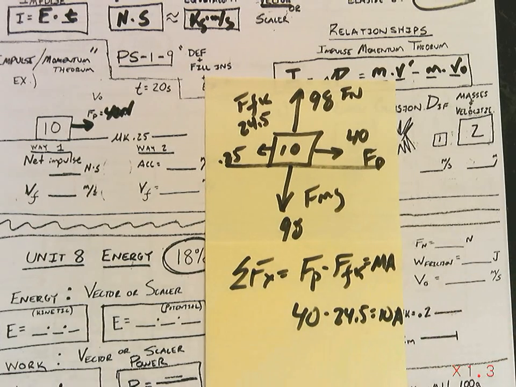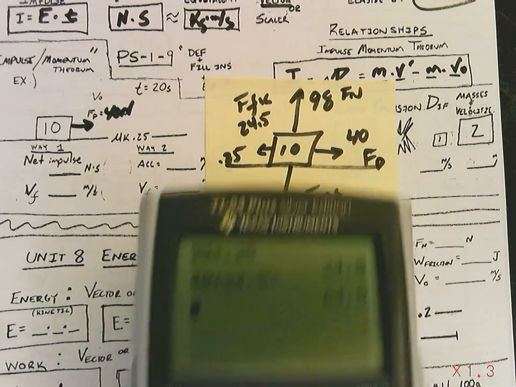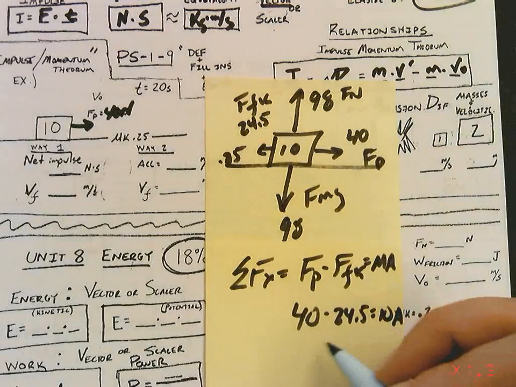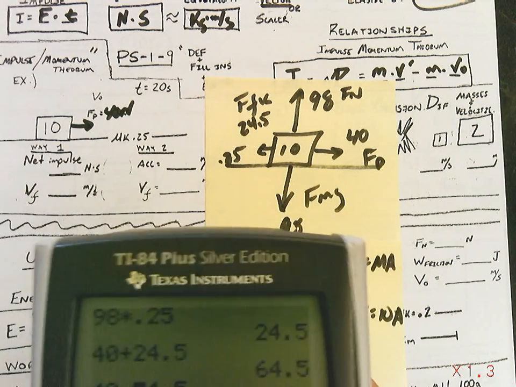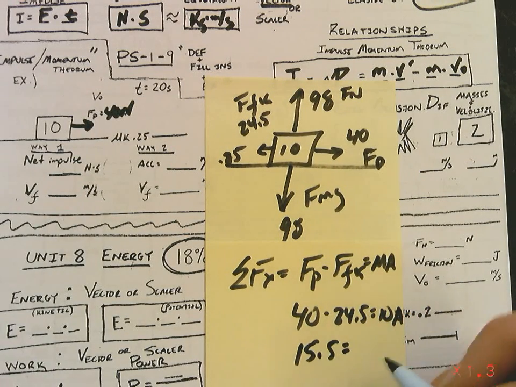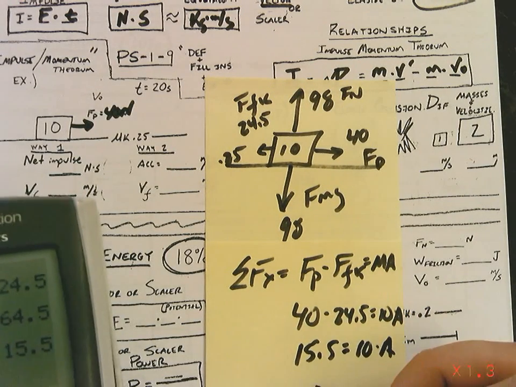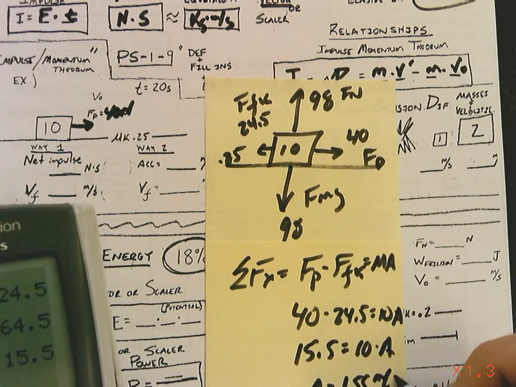If we subtract 40 and 24.5, we get 15.5 equals 10a. So that makes a equal to 1.55 meters per second squared.